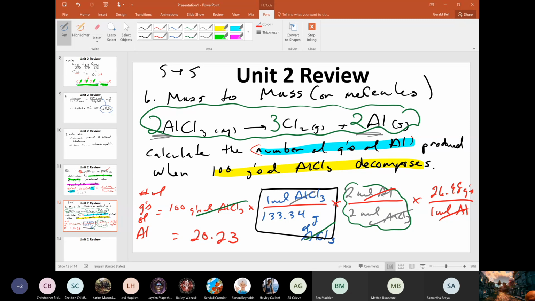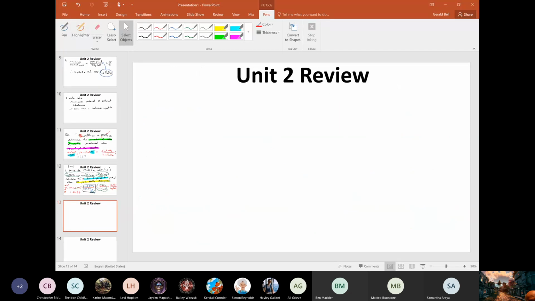Now, maybe we should try one other one here that involves molecules. I mean, we can even use the same balanced equation. So I'll jump to the next slide here in a moment. You can start writing that same balanced equation at the top. So 2AlCl3 yields 3Cl2 plus 2Al.